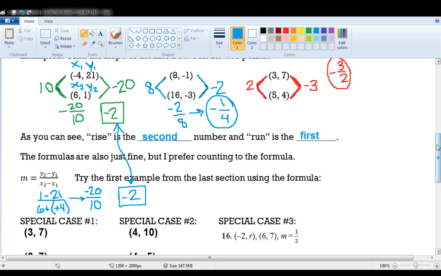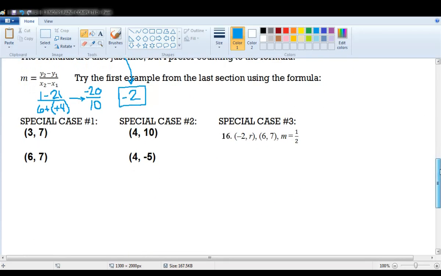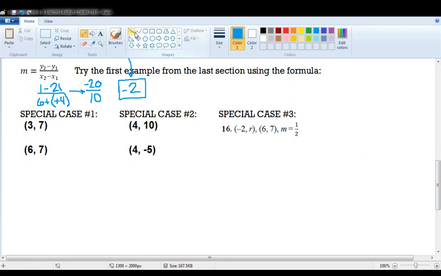All right, now real quick, there are 3 special cases that you need to know about. Okay, so pay close attention. Special case number 1 looks like this. If you were to go from 7 to 7 on a number line, you didn't actually go anywhere. You went 0 spaces. And from 3 to 6, you went up 3.